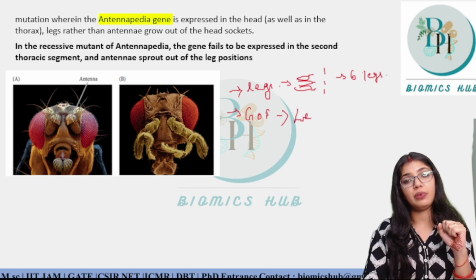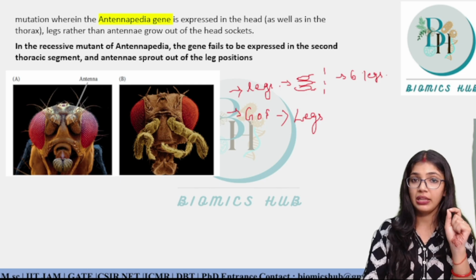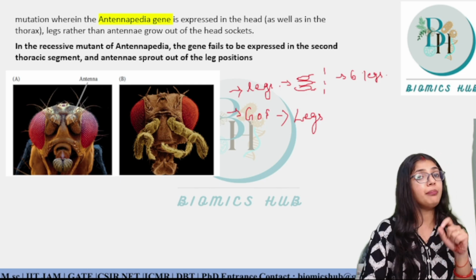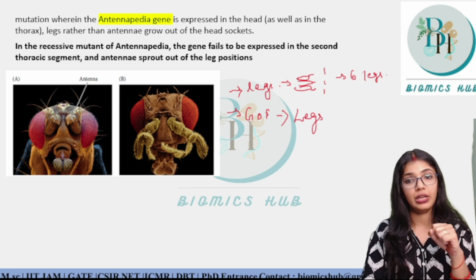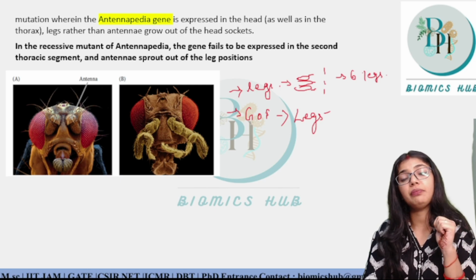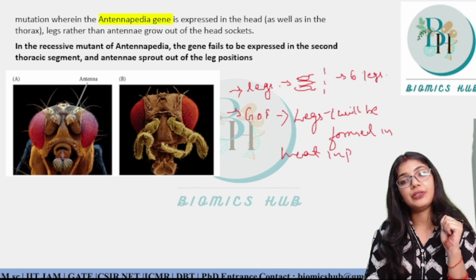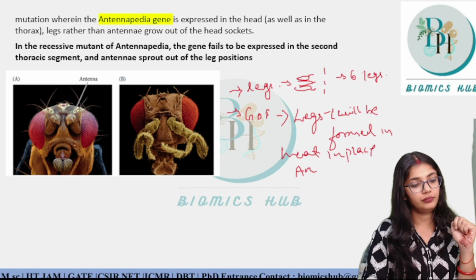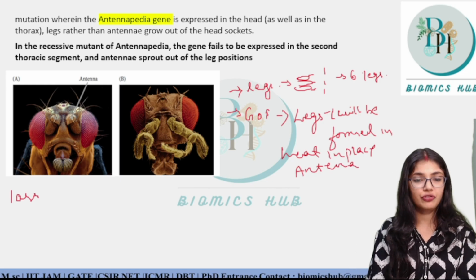Legs will be formed in place of antenna. What was happening in the head? There was formation of antenna, but if the antennapedia complex has a gain of function, then in place of antenna in the head there will be formation of legs. So what if there is loss of function?